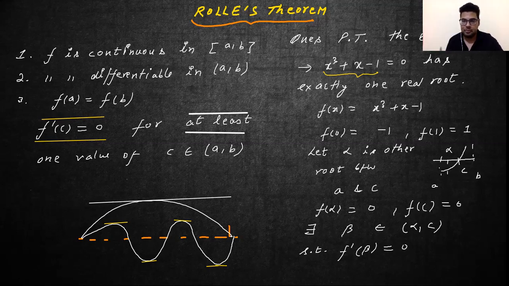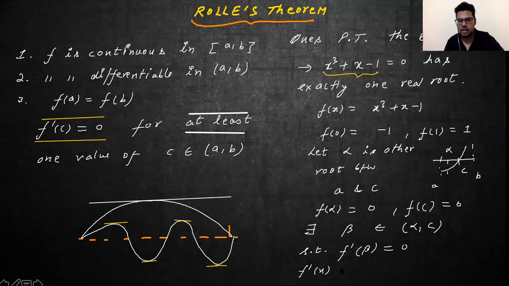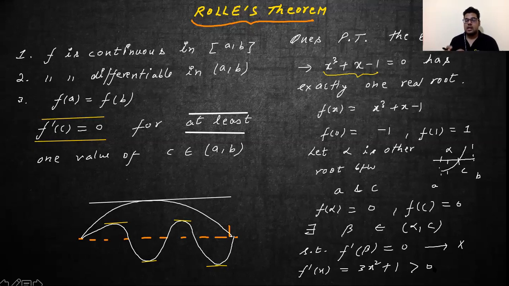This will happen. Now let us try to see what the f dash x actually is. Now f dash x is equal to 3x square plus 1, which is always positive. So this is never happening, right? Since this is never happening, it clearly says that the assumption f of alpha equals 0 was wrong, right?